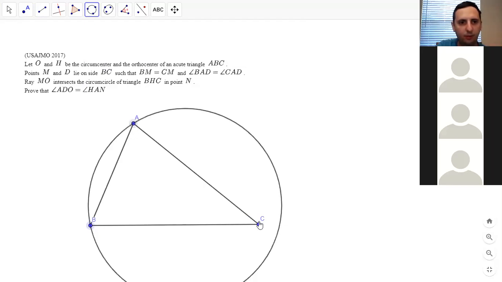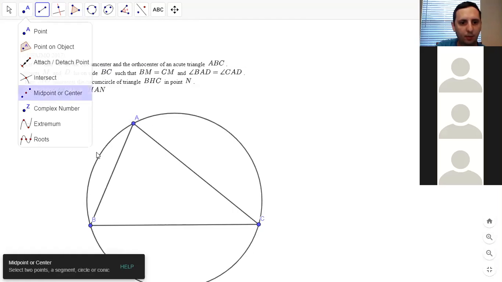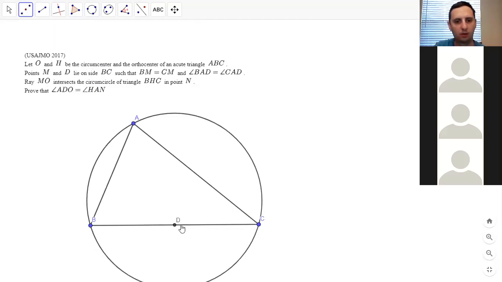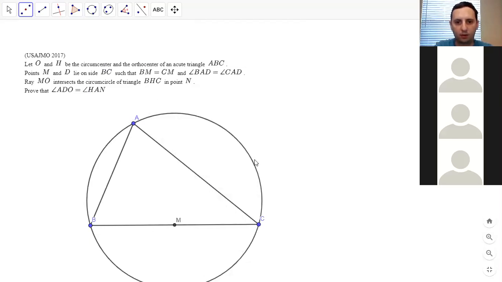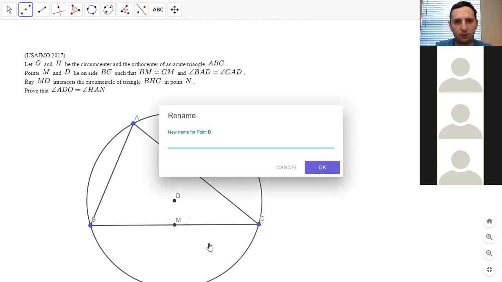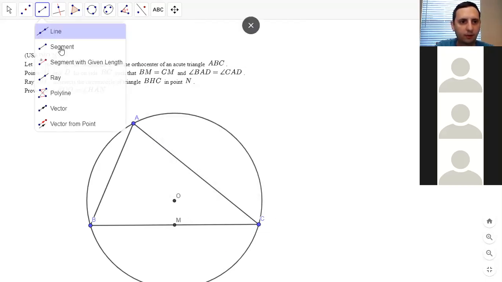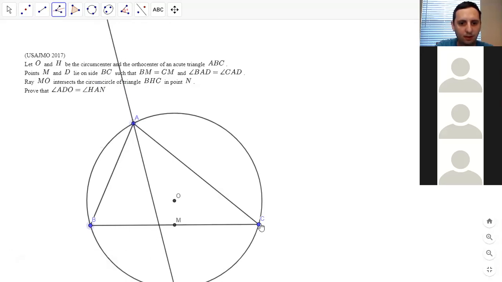So BM is equal to CM, so I'm just going to draw that midpoint. And then this is O. And D is the foot of the angle bisector, and H is the orthocenter.